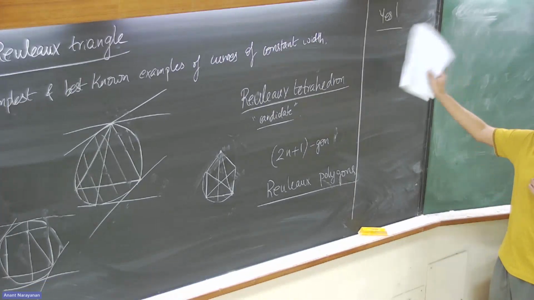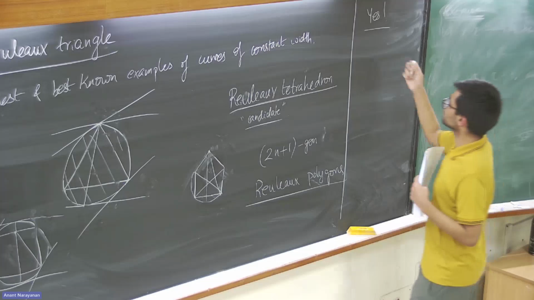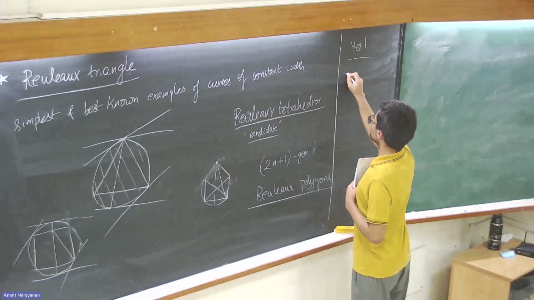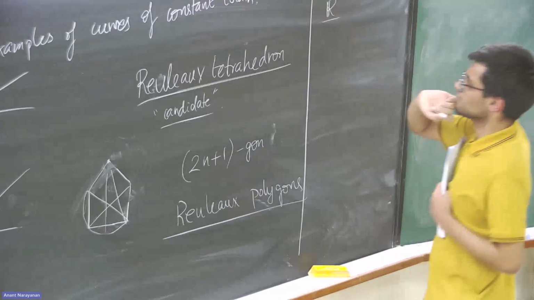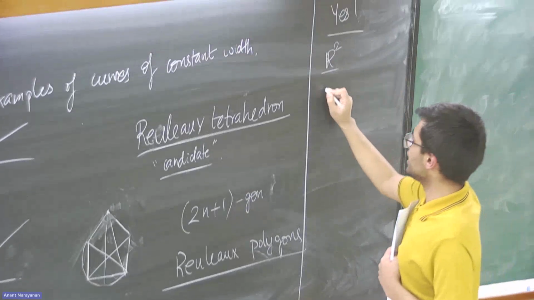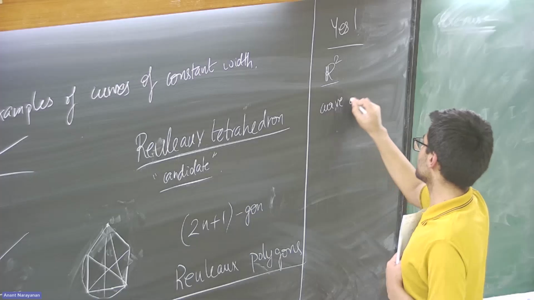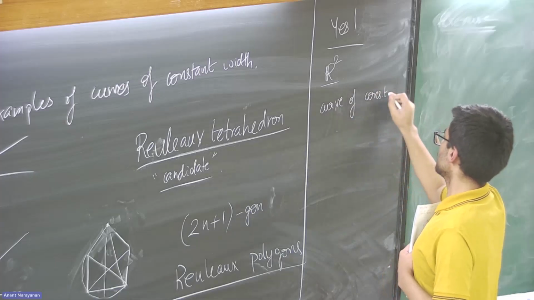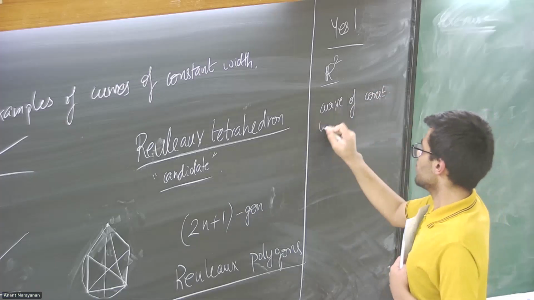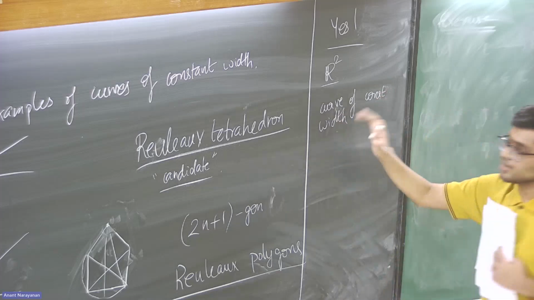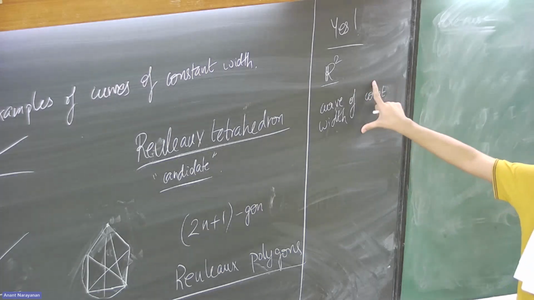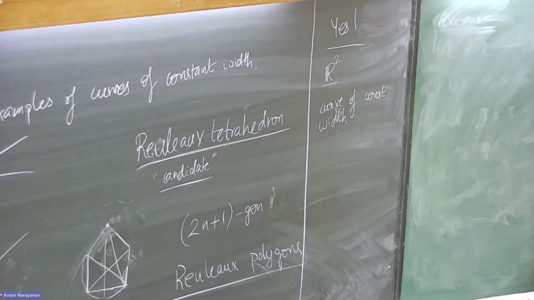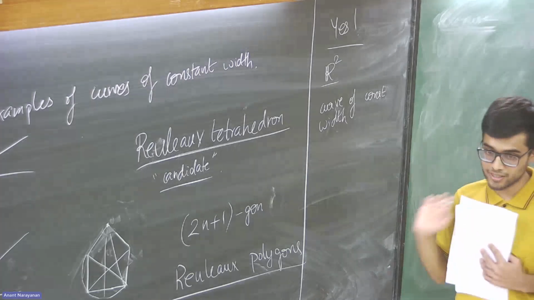The reason I said resounding yes is because this is true in R^d as well, but I'll state it for R^2 because in R^2 something more specific happens. If you take any curve of constant width, this can be well approximated by smooth curves of constant width. In the epsilon neighborhood of every curve of constant width, you'll always find some smooth curve of constant width.